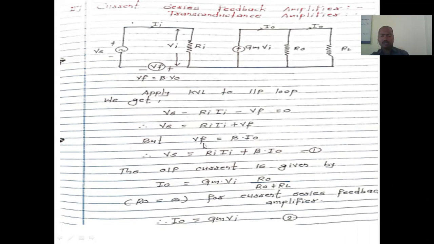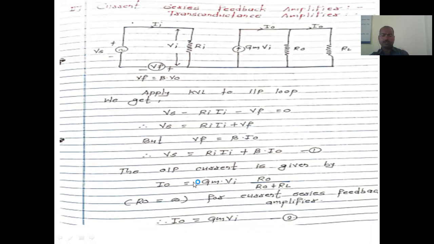So that's why, see here, Vf is equal to beta into I0. It was a mistake here, please note. It should be written as beta into I0, but here it is done correctly, please note. Okay, so Vf is equal to beta into I0. So wherever the Vf term comes, we have to put it as beta into I0. So Vs is equal to Ri into Ii plus beta into I0. This is equation number 1, right?